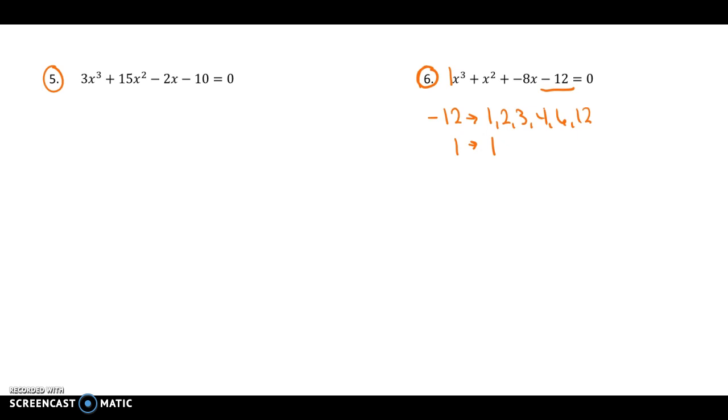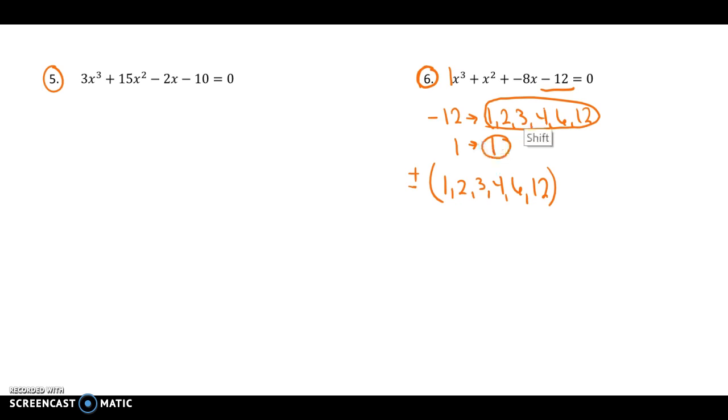The rational roots theorem says if I take the factors of the constant at the end as the numerators of a fraction, and use the factors of the leading number as the denominator, then I would get this list of 1, 2, 3, 4, 6, and 12. And again, there'd be a positive and a negative version of all of these because not only does 3 times 4 get you to 12, but so do negative 3 and negative 4.